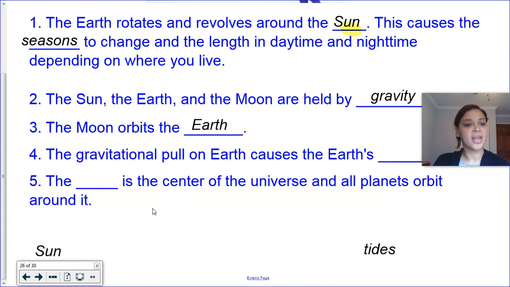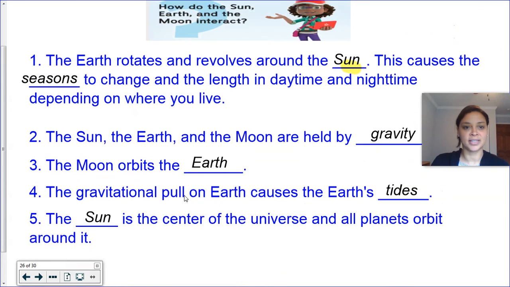The gravitational pull on Earth causes the Earth's blank. Tides. Very good. And our last one, the blank is the center of the universe and all planets orbit around it. Process of elimination, the sun is the center of the universe.